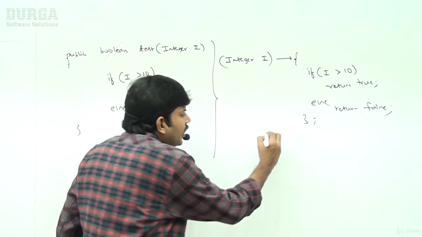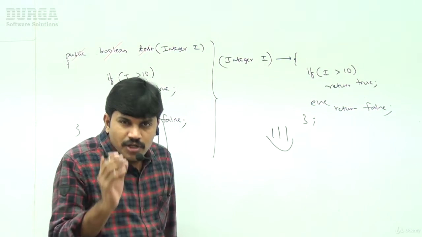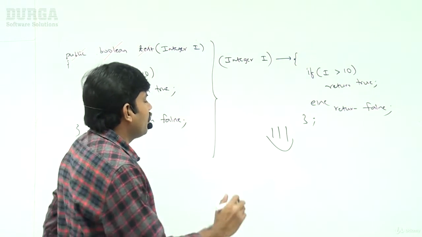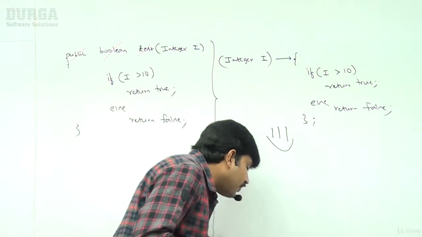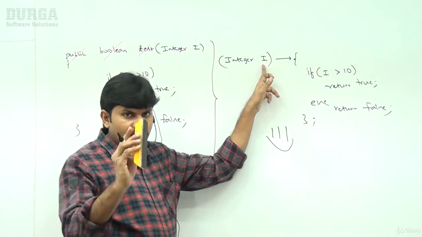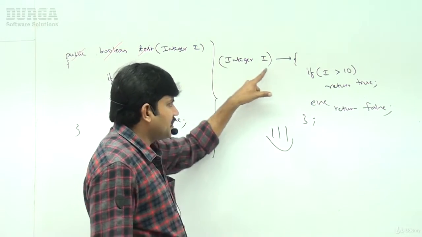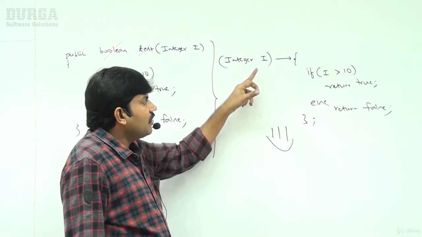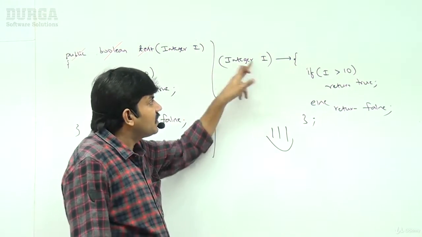Now I want to simplify this further. What is the way? Very simple. Do you remember, if only one parameter is there, we can remove the parentheses. Next, based on the context, the compiler can guess the type also.